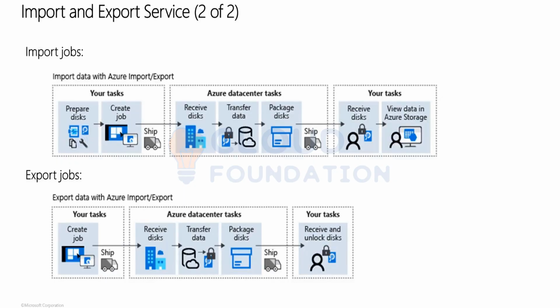Even if that disk is not reached or there is some problem there, you still don't lose any information because nobody else can decrypt that data. Once you have encrypted the information, you need to use a courier service which will help you transfer all these contents to the nearest Microsoft data center.